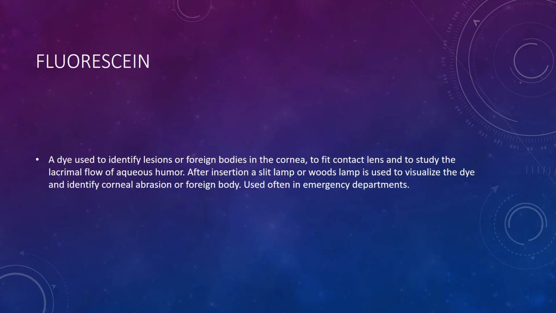And so it's a dye that can help visualize those lesions or foreign bodies to the cornea, to fit contact lens, and to study lacrimal flow of the aqueous humor. And so after they insert it, they'll use a slit lamp or Woods lamp, which is like a black light, and that helps identify that. You usually see this done in the ED when folks come in with some kind of eye injury.